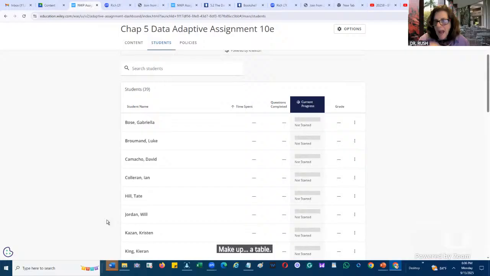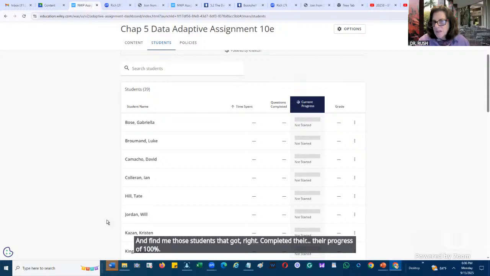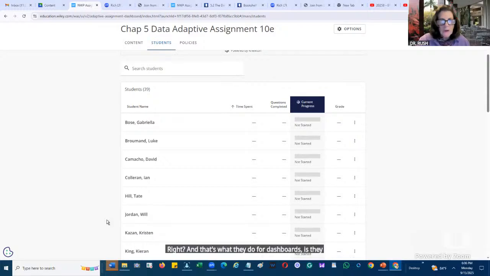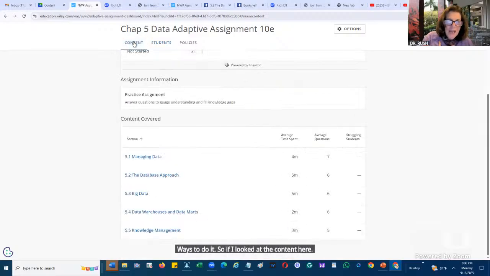What we're able to do in a database is query the database and find those students that completed their progress of 100%. That's what they do for dashboards. If I looked at the content here, they're based on those tables.